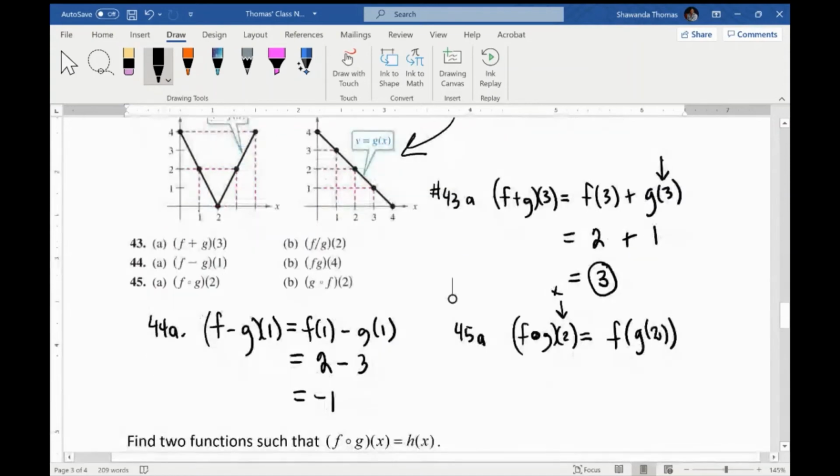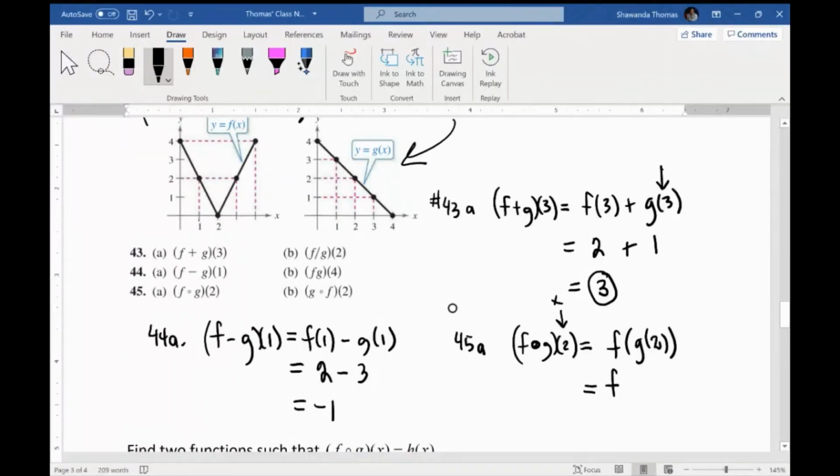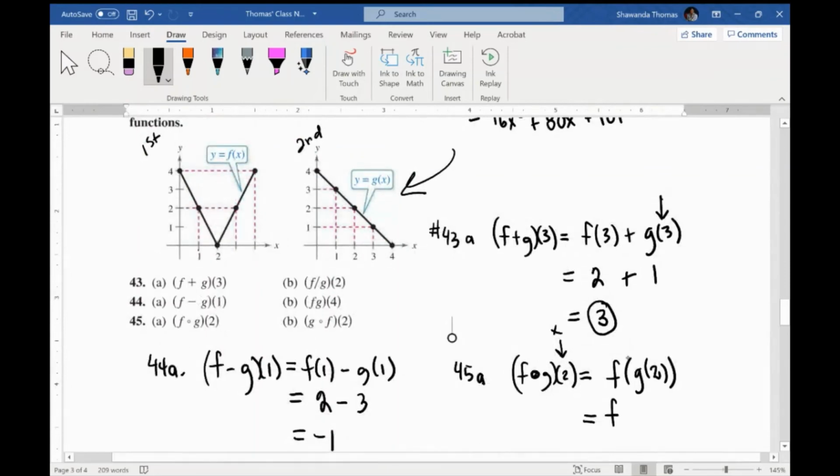All right. We wrote the definition out. Again, always write the outside function first and take care of the inside function. So the inside function is g of 2. What is g of 2 equal to according to this second graph? 2. So we're going to replace the g of 2 with a 2.